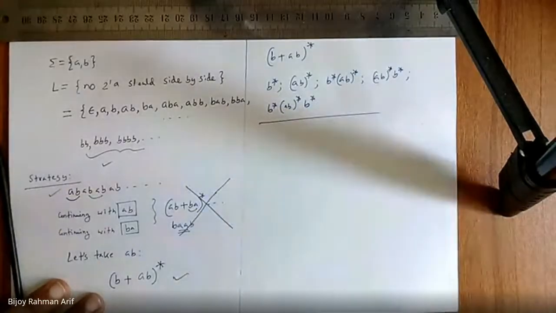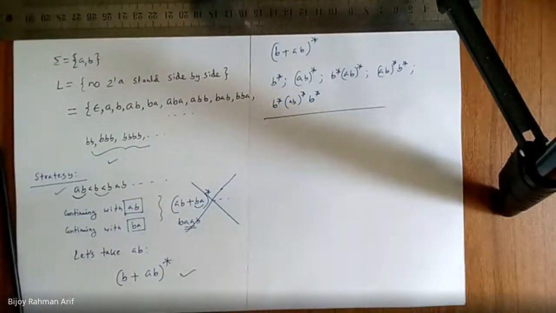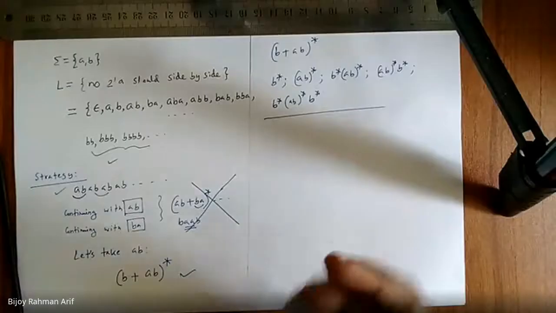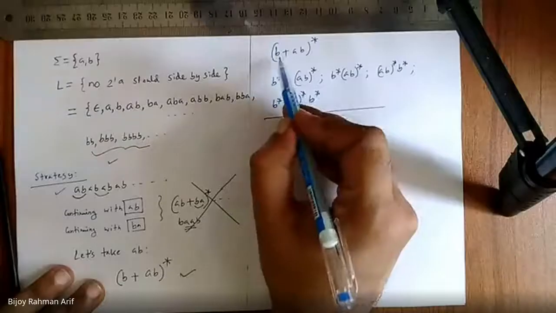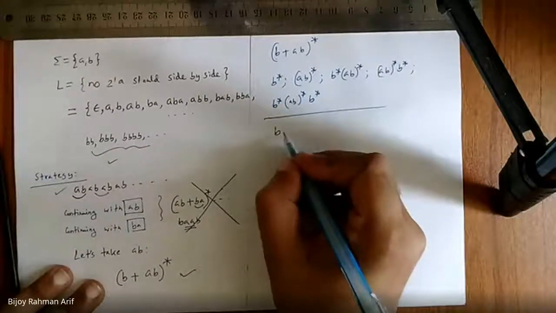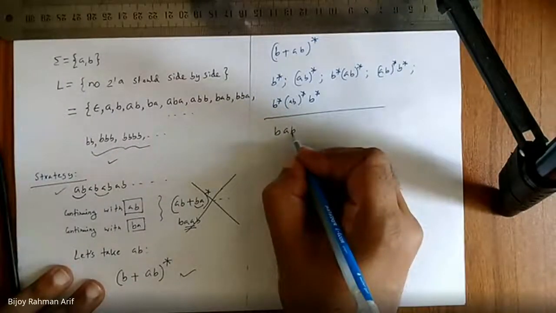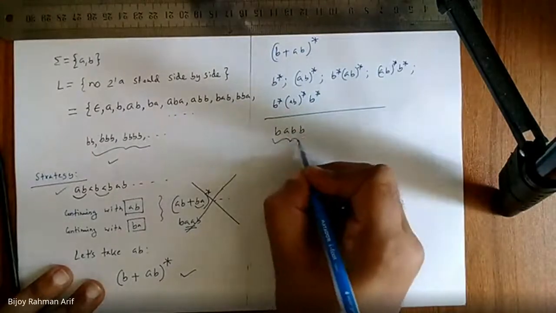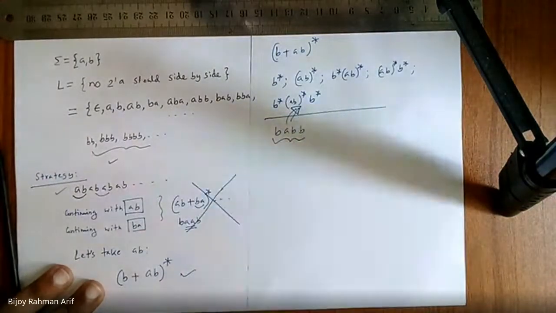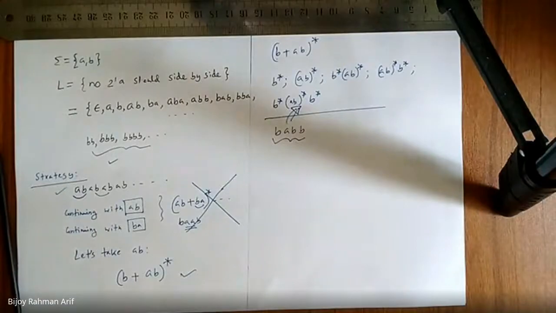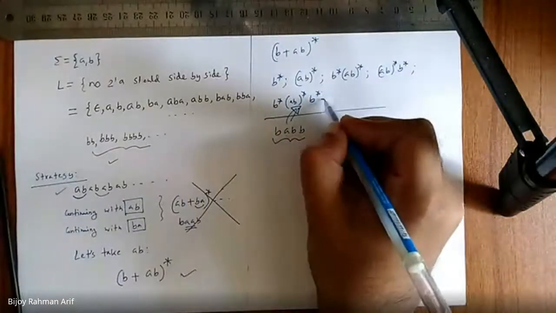Am I right? So these are the strings generated by this. Do you agree with me or not? Is that enough? The last B star can also happen. For example, first I take B, then I take AB, then I take B again. So this kind of string can also be generated by this. A student asks whether B star can come after AB star. Yes, B star can come after AB star. Continue this process.